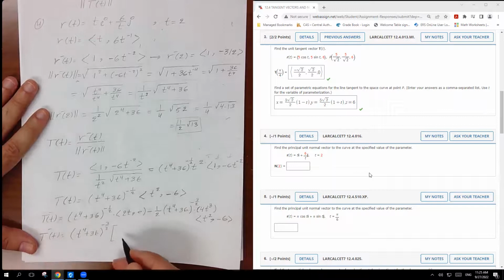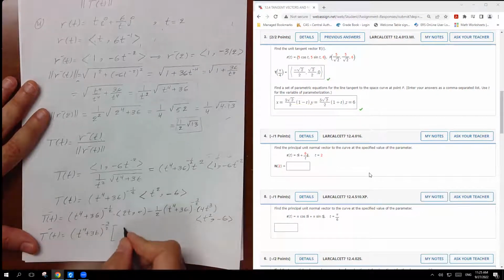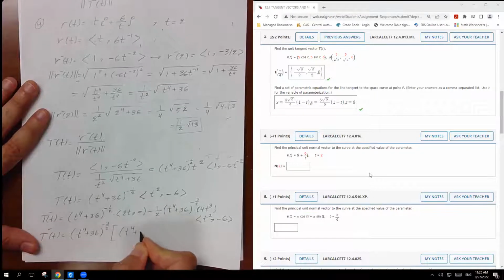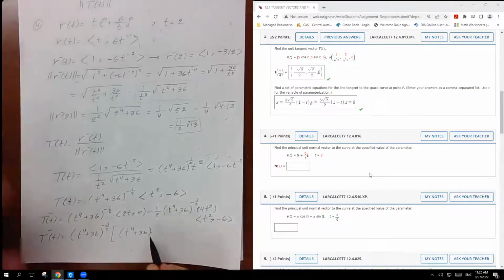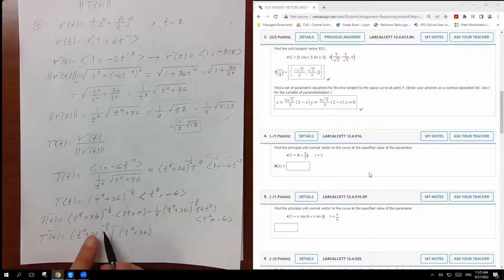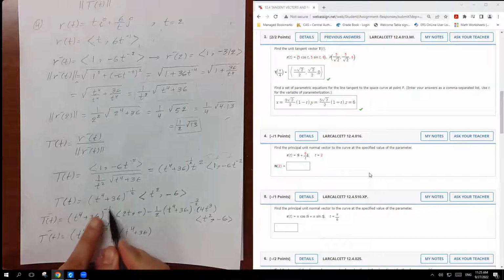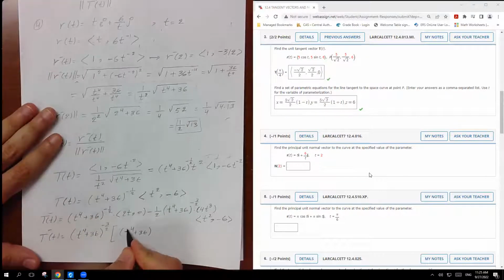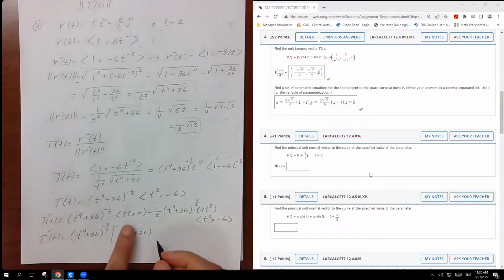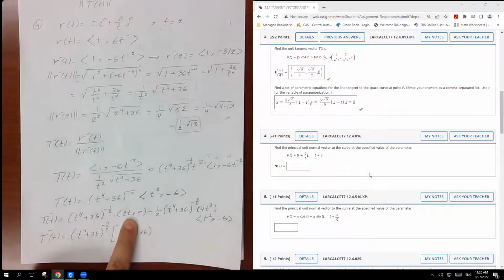The left is going to be t to the power 4 plus 3 from here. t to the 4 plus 36, because this is 1. Now, if you multiply this one times this one, it's going to be negative 1 over 2. And we're going to keep this one exactly the same.